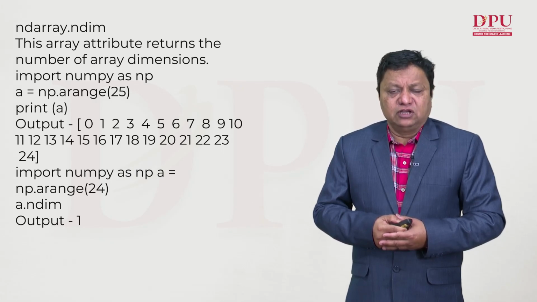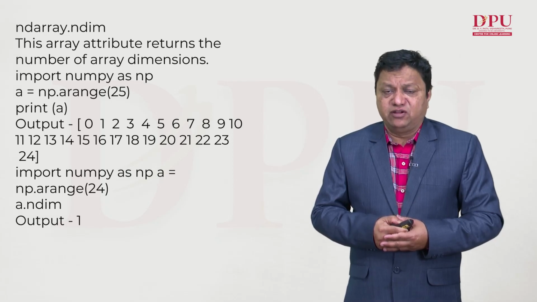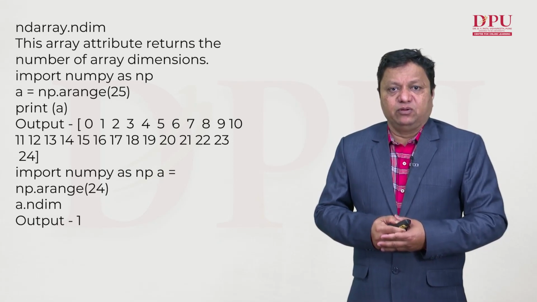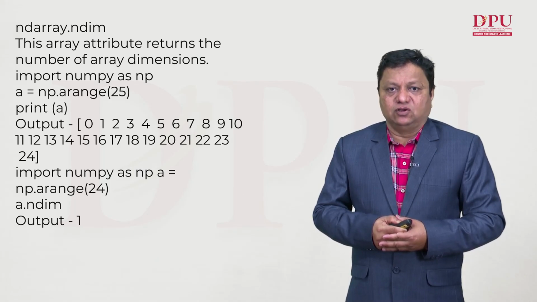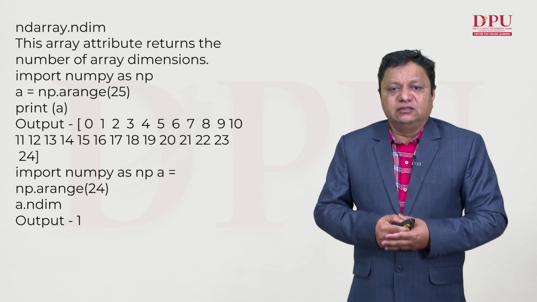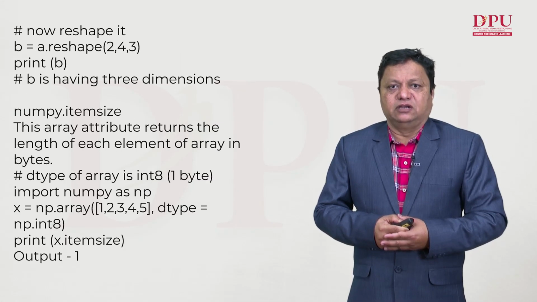So if you want to find out the dimension of your array, you can simply use the attribute ndim with the object of the array, like a.ndim. ndim will return the dimensions of your array.